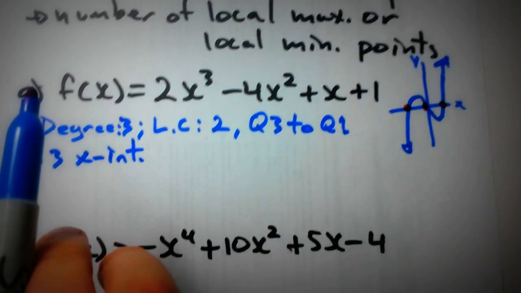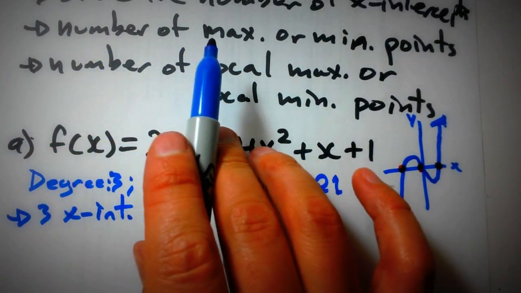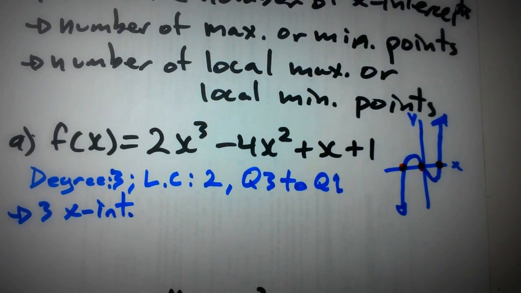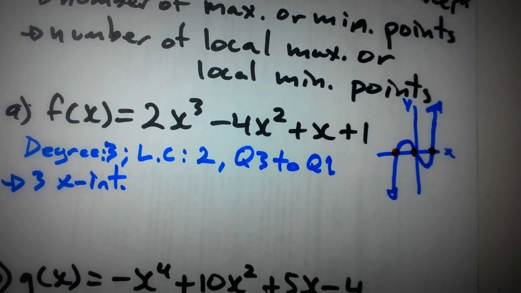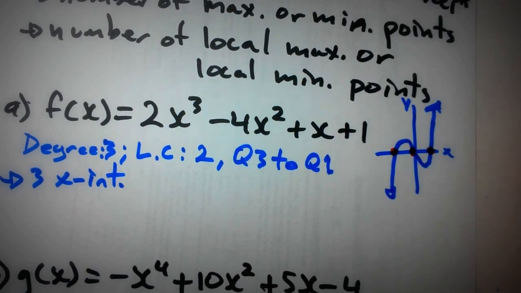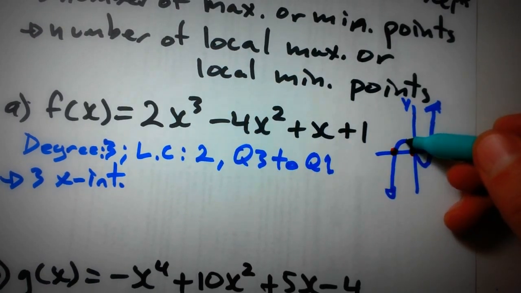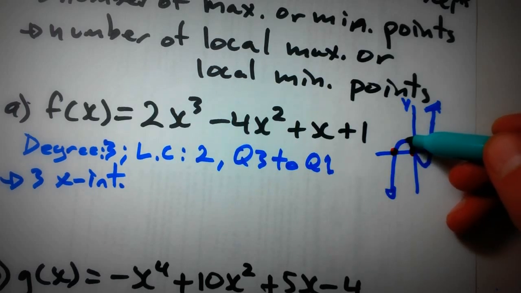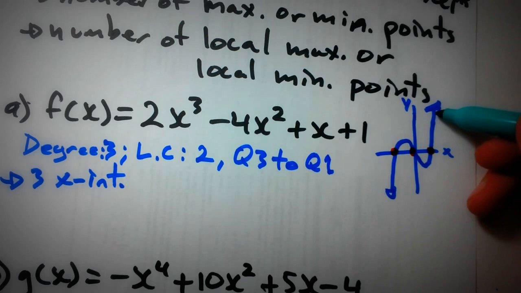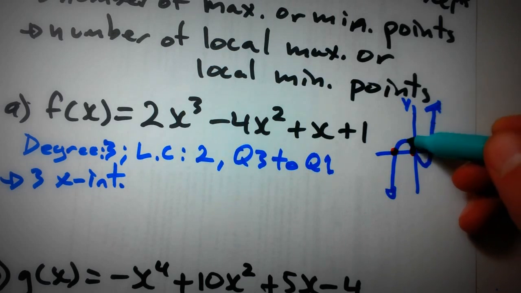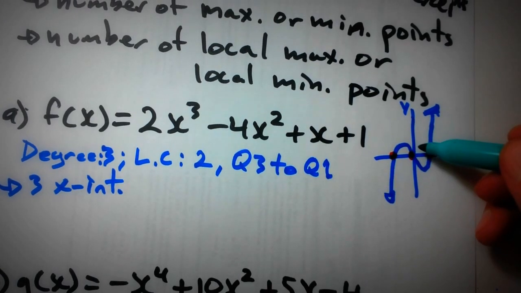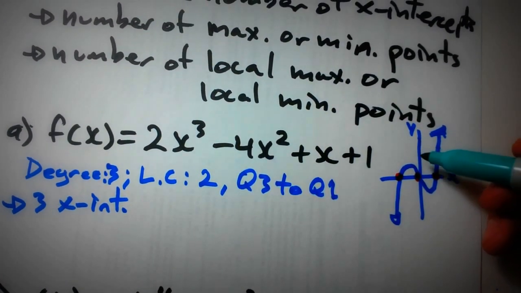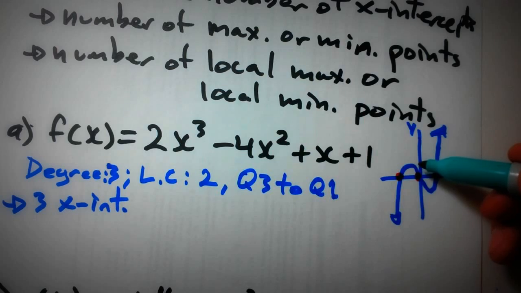The next question, it says the number of maximum or minimum points. When we look at this graph, we can see that there is a maximum point here, but it is not the absolute maximum point, because we can see there are other values that are higher than that maximum point. So is there an absolute maximum point in this one? No. So therefore this function does not have a maximum point.